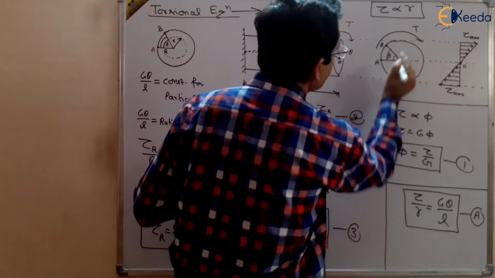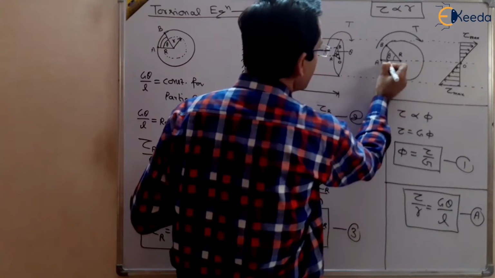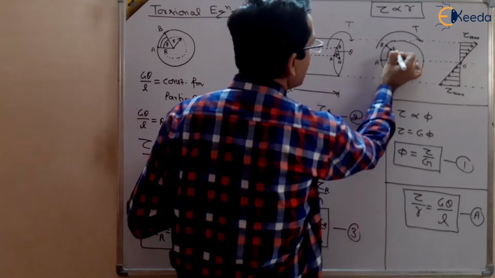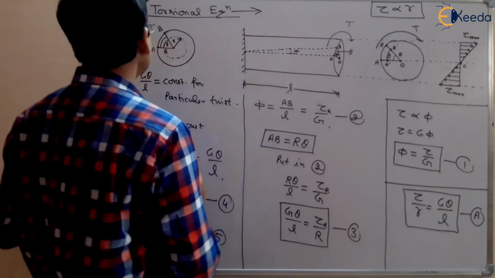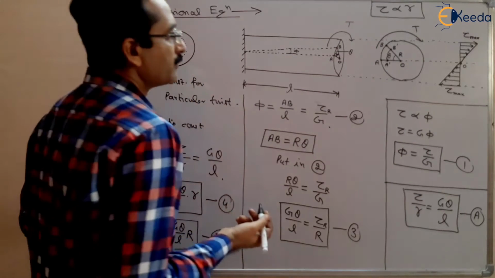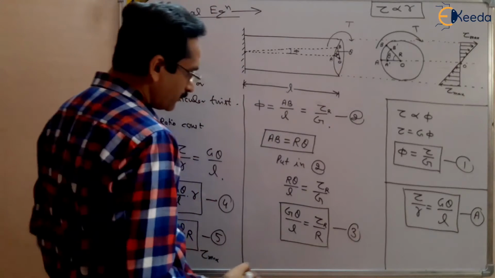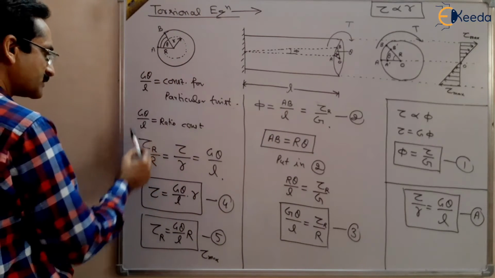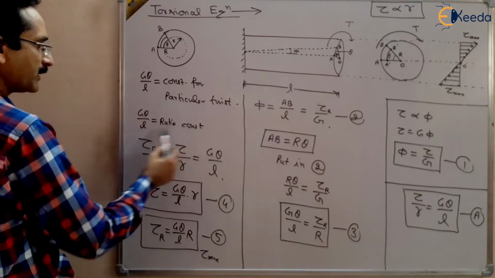Suppose A dash was the initial point, and after the angle of twist it will become B dash. So there will be the same angle of twist at any radius for a given torque. So you will find that G theta by L is a constant for a particular twist, or the ratio of G theta and L will remain constant.